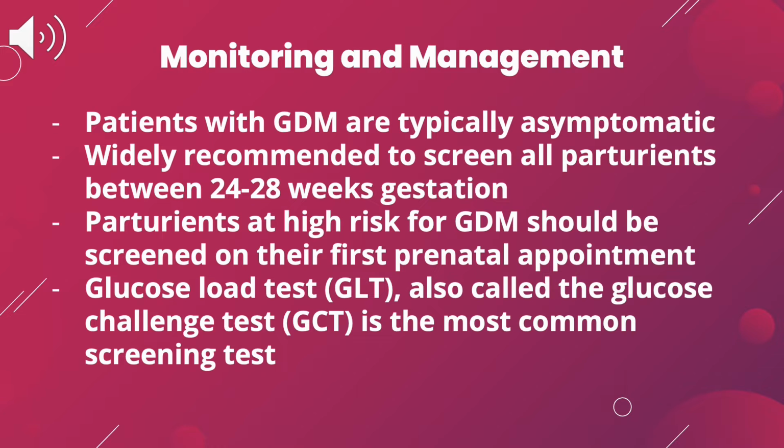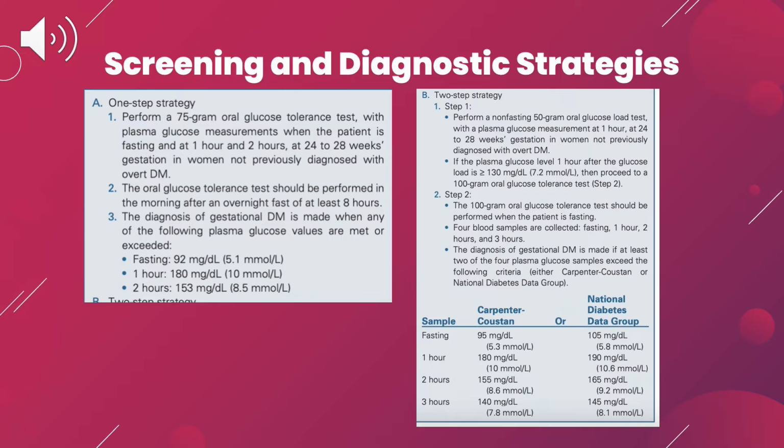Most screening is done via the glucose load test, also called the glucose tolerance test. There are two common strategies for gestational diabetes screening: the one-step strategy and the two-step strategy. The one-step strategy involves measuring plasma glucose at 1 hour and 2 hours after 75 grams of oral glucose is ingested.